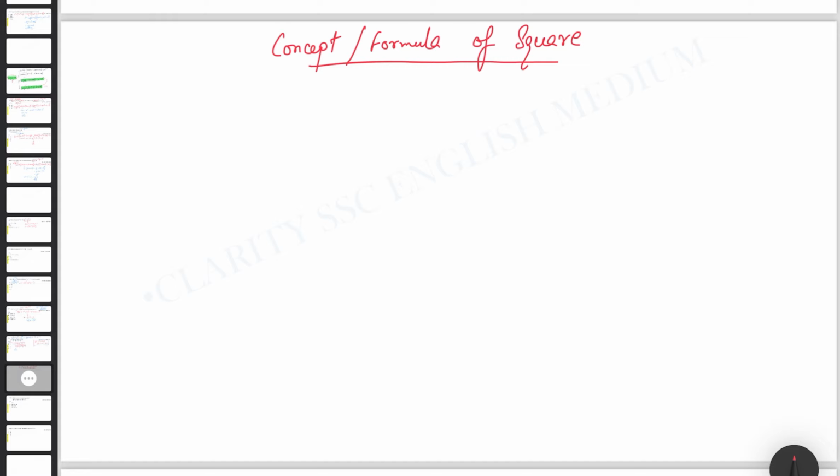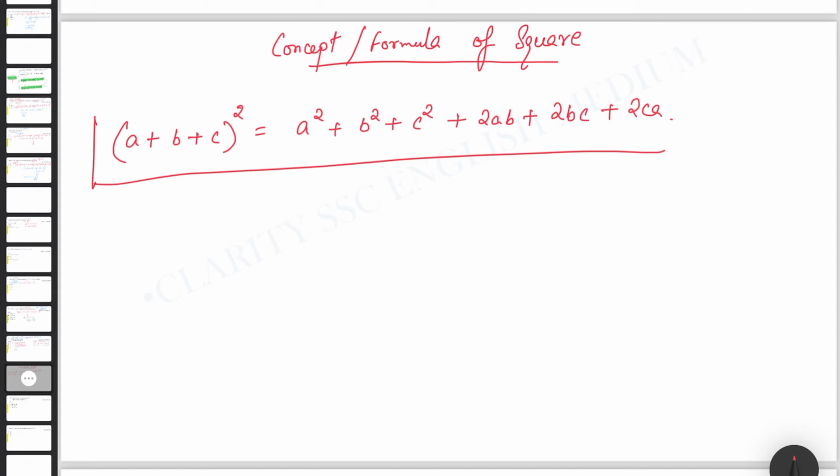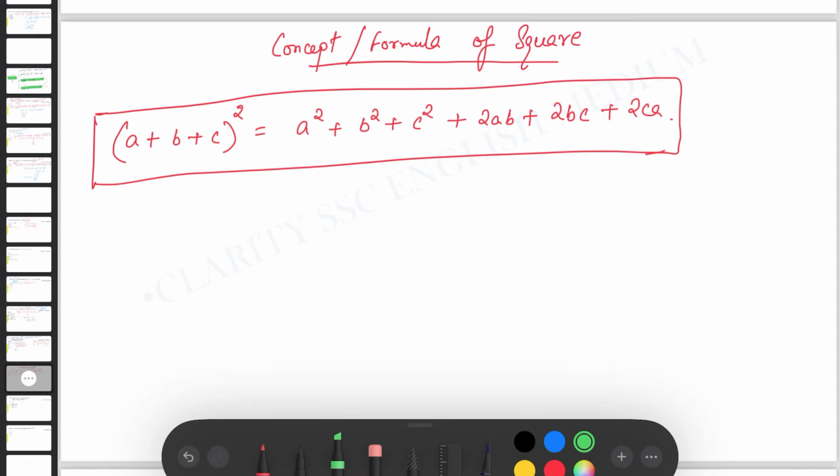What is the formula of square? a plus b plus c whole square is equal to a square plus b square plus c square plus twice ab plus twice bc plus twice ca. This is the formula of square. Please remember this formula.